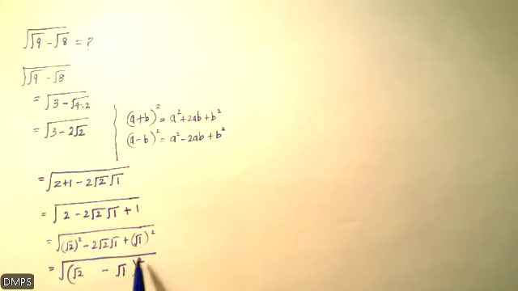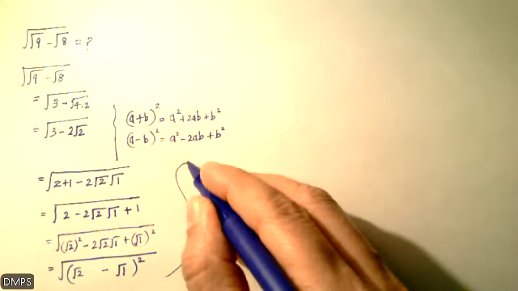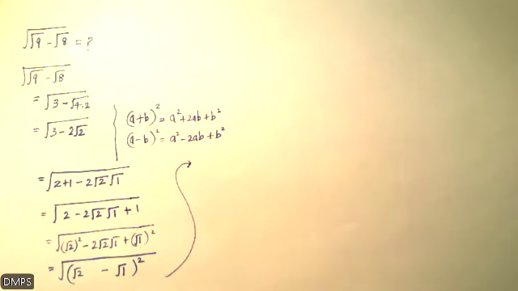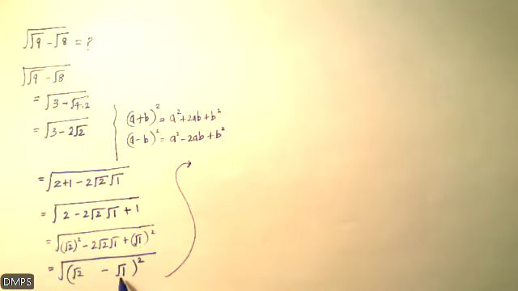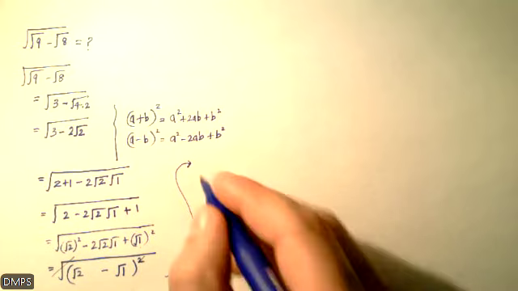And the square root and square will cancel. So what we will have is the square root of root 2 minus root 1 squared, and the square root and square cancel out. So all that is left, once we cancel this with that, is root 2 minus root 1.